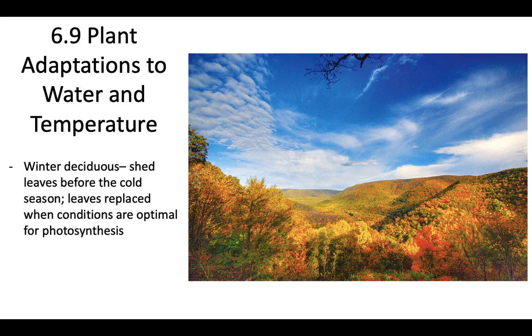So instead of photosynthesizing, they enter a dormant state. They shed their leaves and enter a dormant state during which temperature, water, and light availability are lower. And then when light availability and temperature increase, they'll grow back their leaves and photosynthesize again.